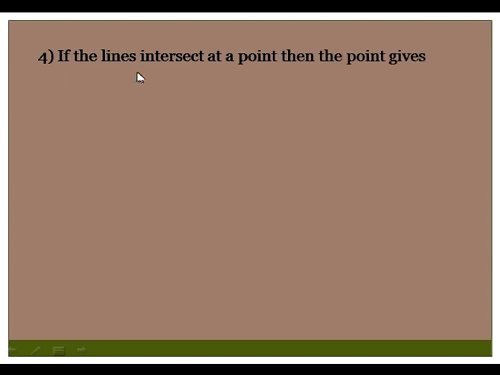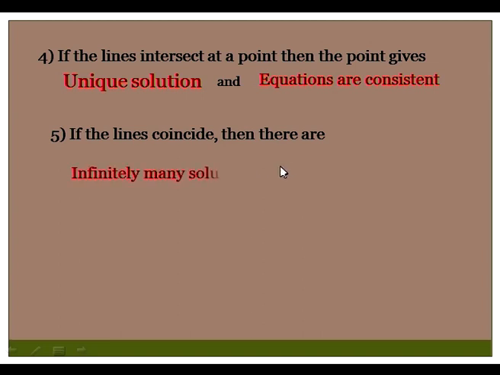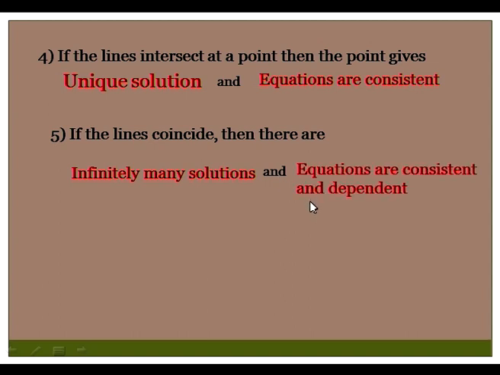If the lines intersect at a point, then the point gives a unique solution and the equations are consistent. If the lines coincide, then there are infinitely many solutions and the equations are consistent and dependent.